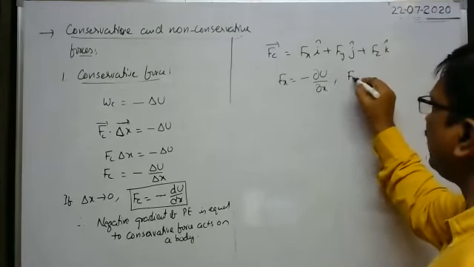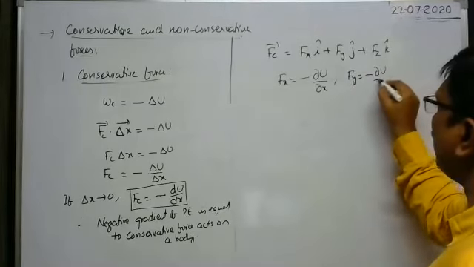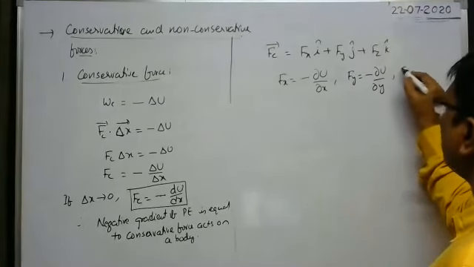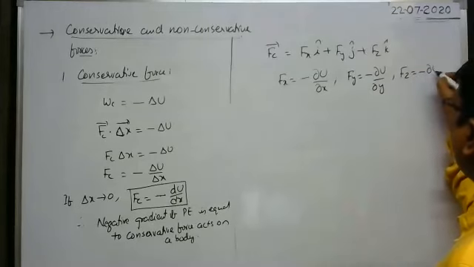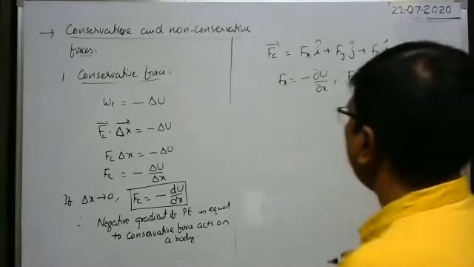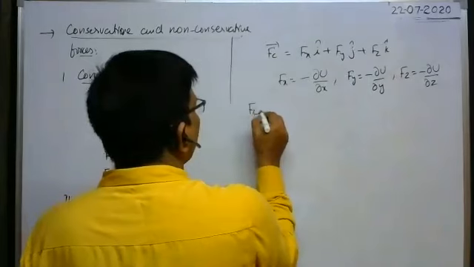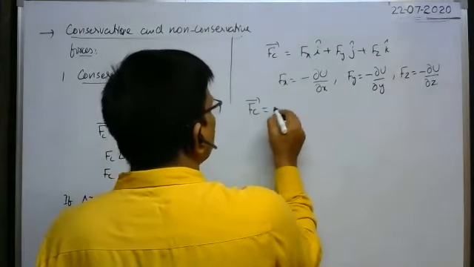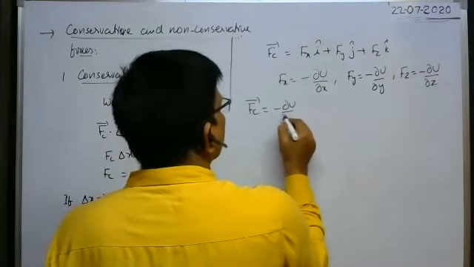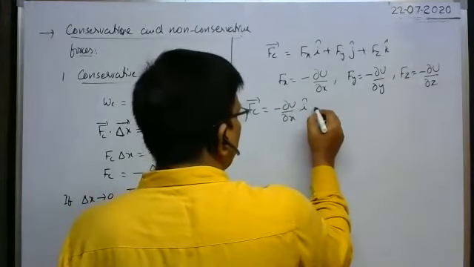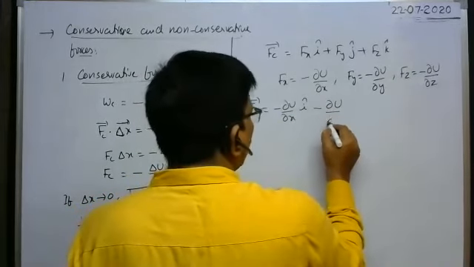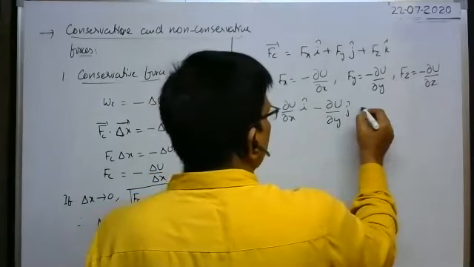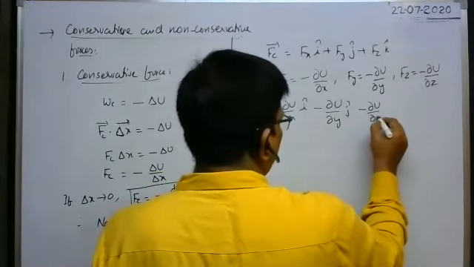Similarly, Fy is equal to minus ∂U by ∂y, and Fz is equal to minus ∂U by ∂z. Therefore, the conservative force acting on the body is equal to Fx, meaning minus ∂U by ∂x into i cap, plus Fy, meaning minus ∂U by ∂y into j cap, plus Fz, meaning minus ∂U by ∂z into k cap.